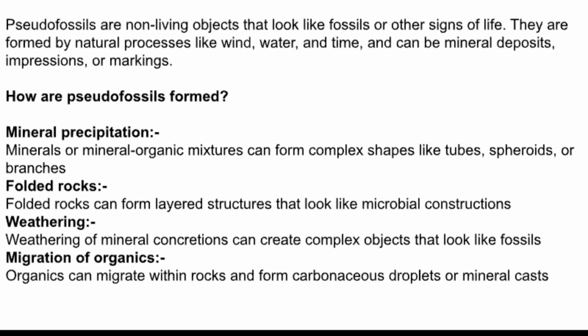Weathering of mineral concretions can create complex objects that look like fossils. The final step in the formation of pseudo fossils is the migration of organics. Organics can migrate with the rocks and form carbonaceous droplets or mineral scars. So due to all these activities, these pseudo fossils look like living fossils.